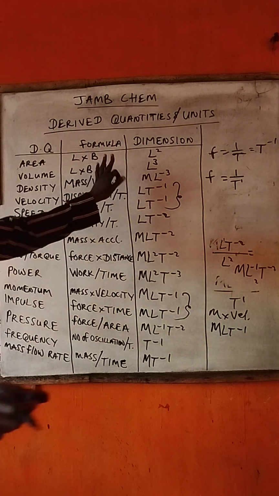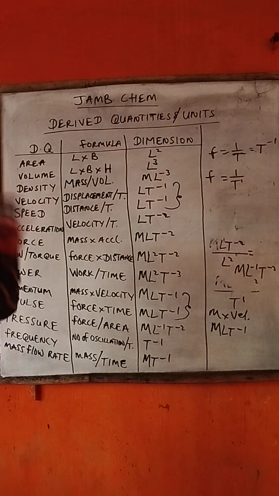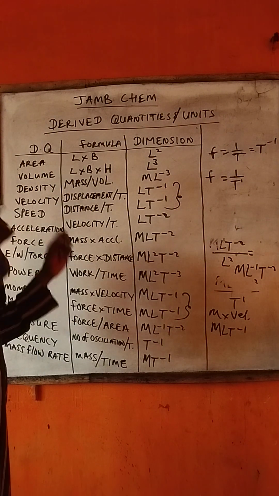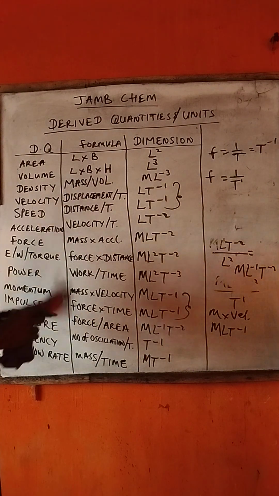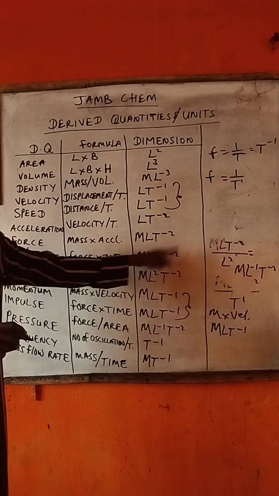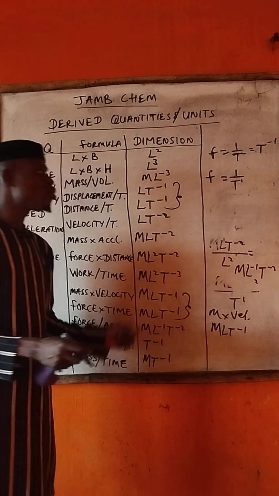That's all as far as this video is concerned. And remember that torque, energy, as well as work, have the same dimension, which is ML raised to 2, T raised to minus 2.